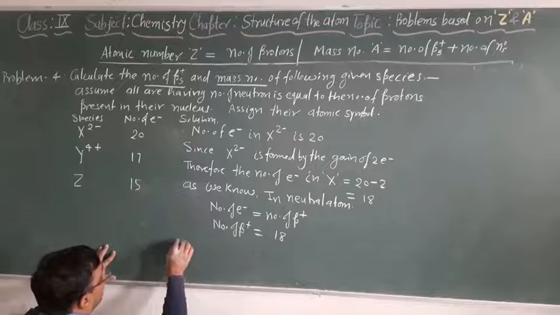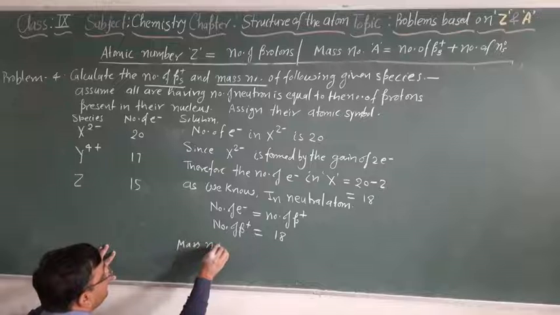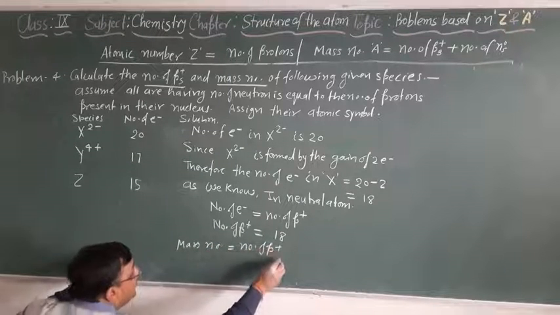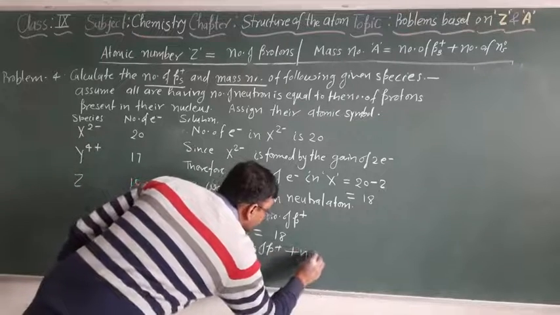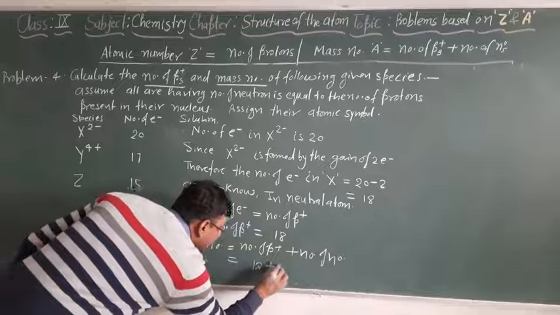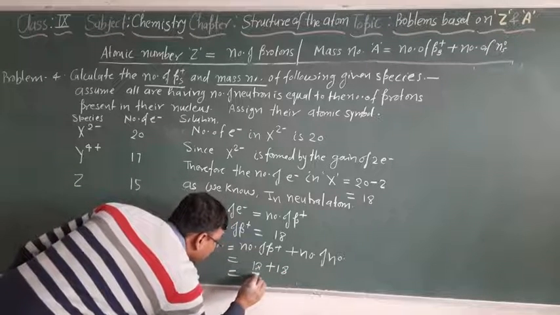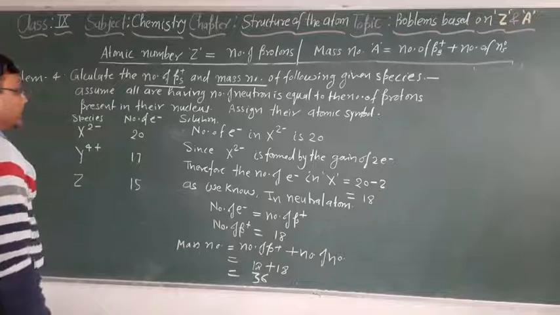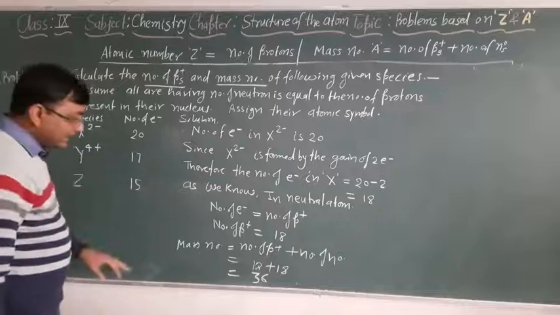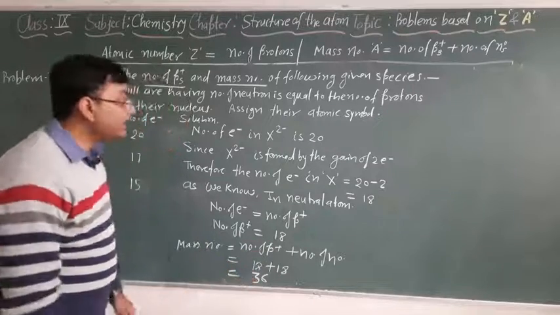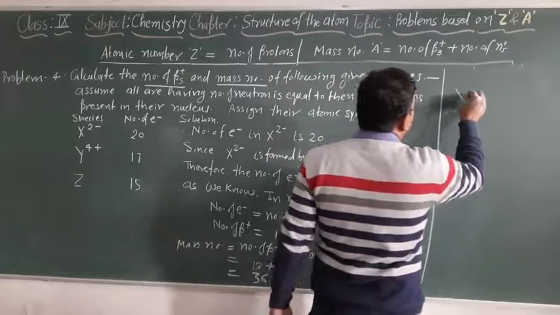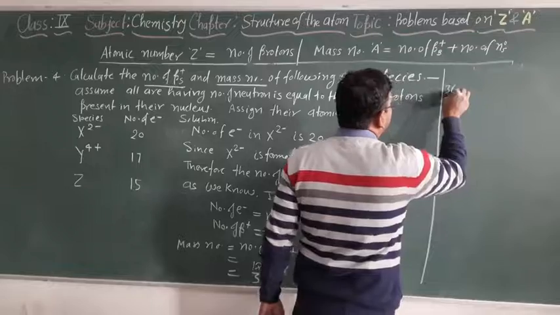Clear? Mass number is equal to number of protons plus number of neutrons. So 18 plus 18, mass number we have calculated is 36. So X has atomic number 18 and mass number 36. So here we will assign X with 18 and 36. Clear?